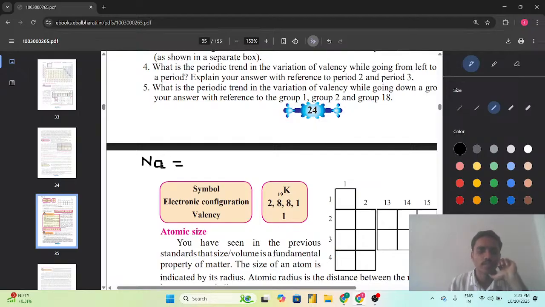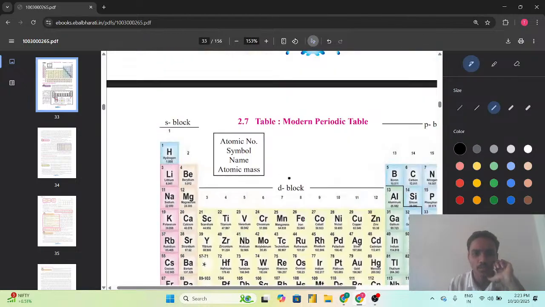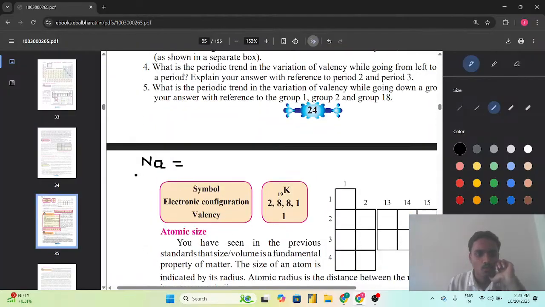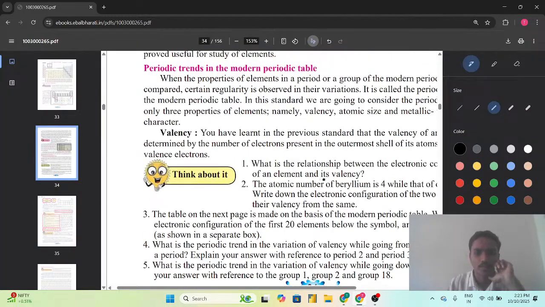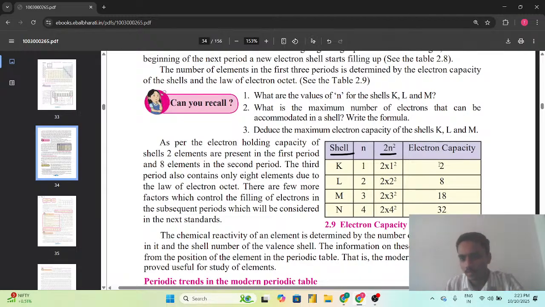As we can see here, the atomic number of sodium is 11. As we have seen, the electron capacity of the K shell is 2, then the L shell is 8, then the M shell is 18.